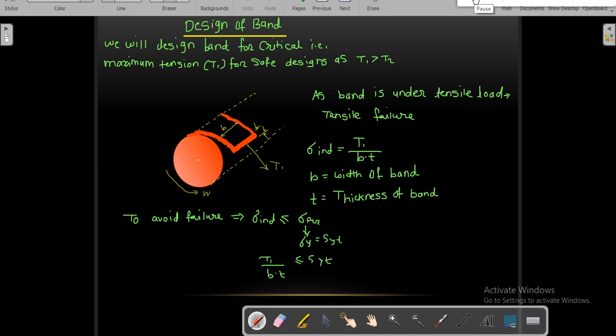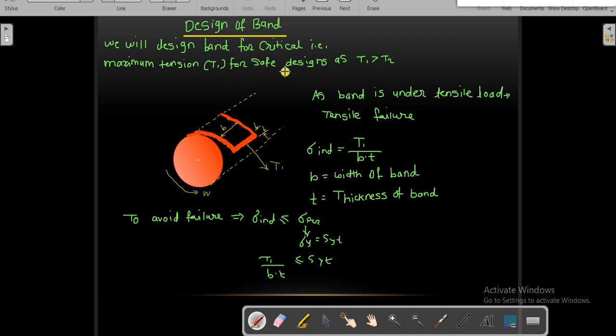Now we also need to design the band. What will be the band material, and what will be its strength? So for the design of the band, we will design for the critical tension condition, that is the maximum tension, and we know that T1 we always denote as the maximum tension.